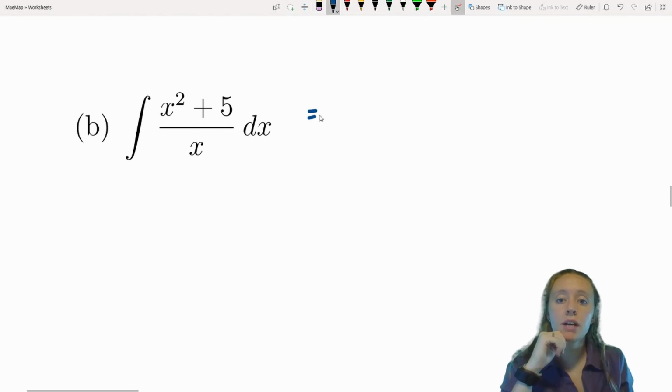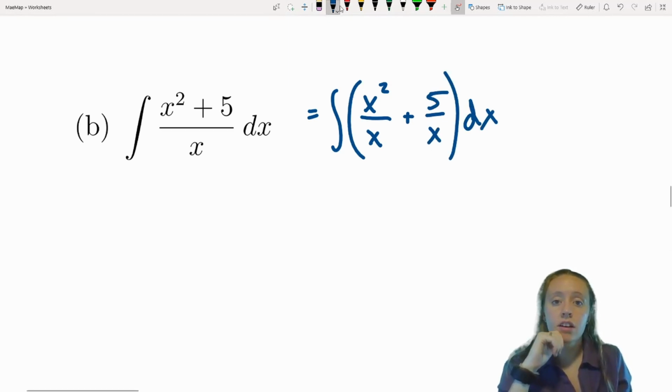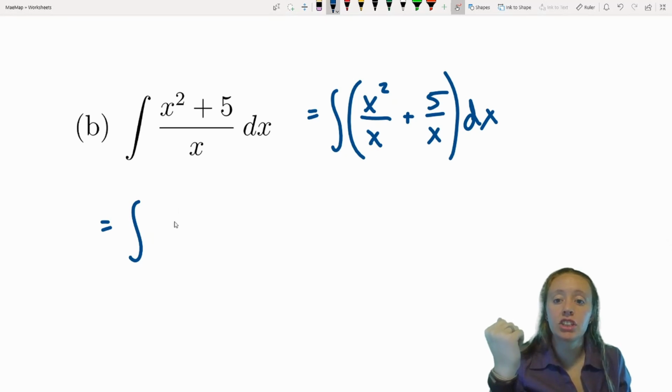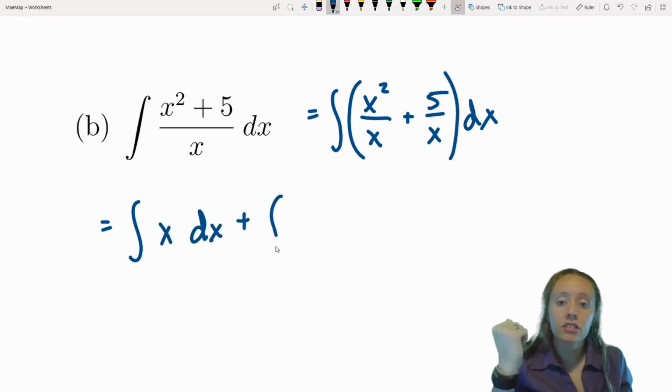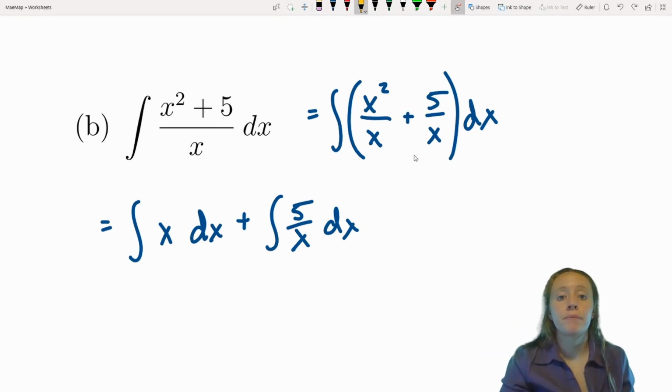So this is going to become the integral of x squared over x plus 5 over x dx.